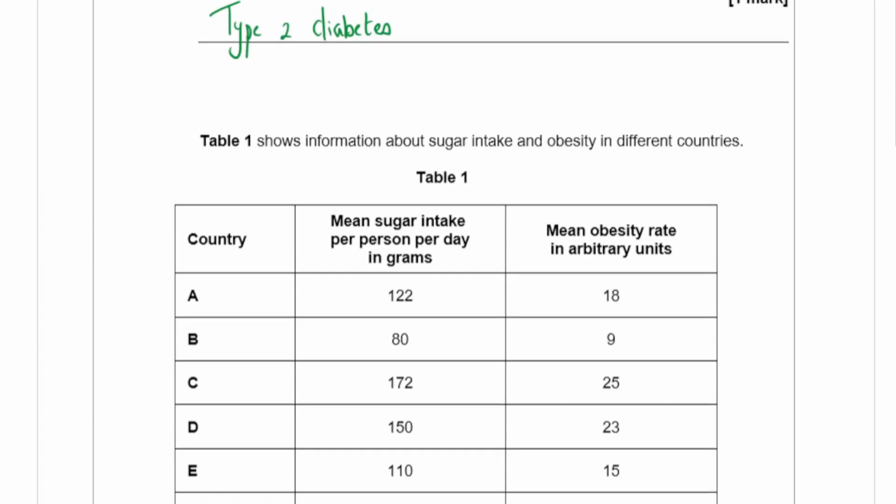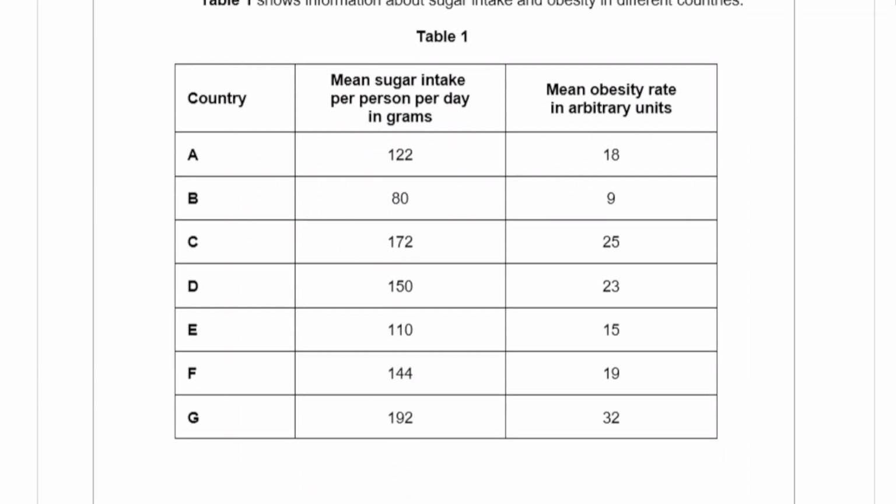So Table 1 shows information about sugar intake and obesity in different countries. You've got countries A to G, with mean sugar intake per person per day in grams, and mean obesity rate. Let's look at the lowest one, which is B. The mean is only 80, and the mean obesity rate in arbitrary units is only 9.